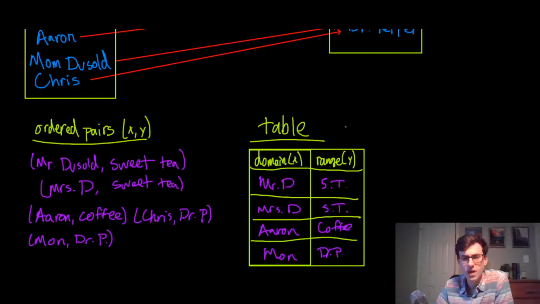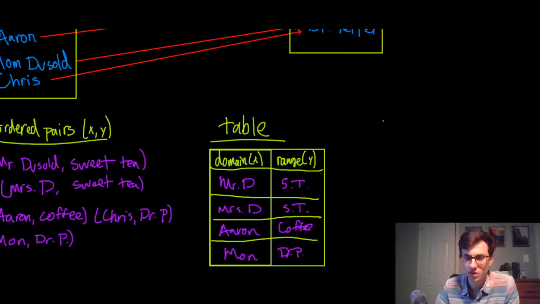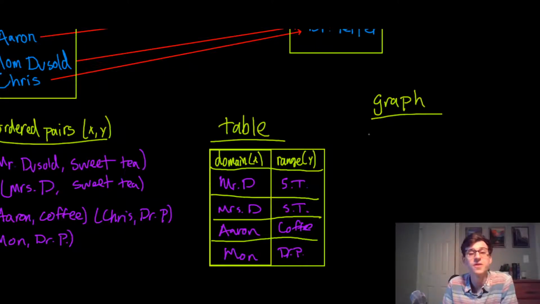Now, the last way that we can represent a function is by using a graph. This is going to be a little bit interesting. I would say this is definitely not the best way to represent this function. But you could have a graph like this: there's my y-axis, here's my x-axis.